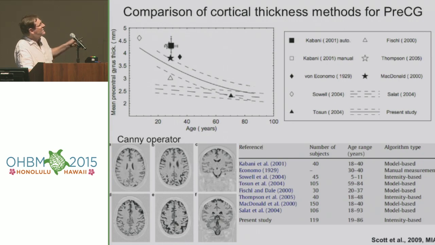And they showed pretty good concordance between their voxel-based extraction methodology and the validation measurements.